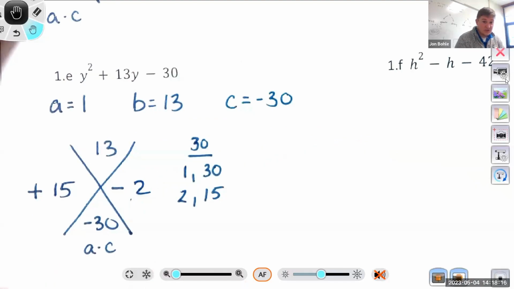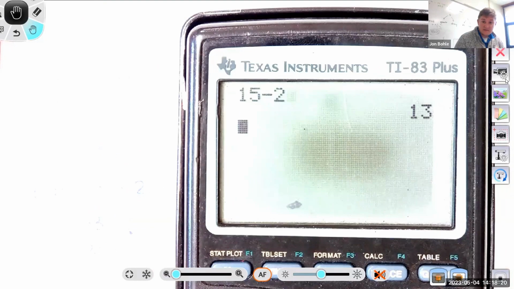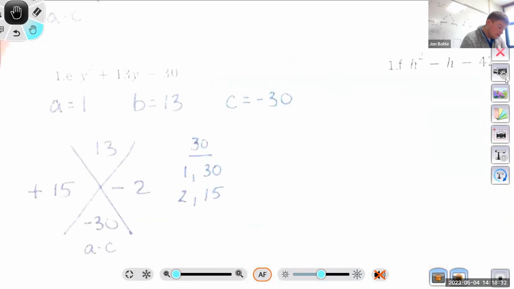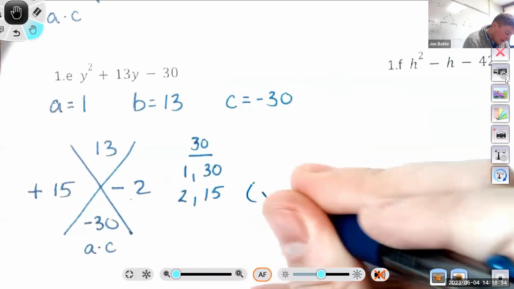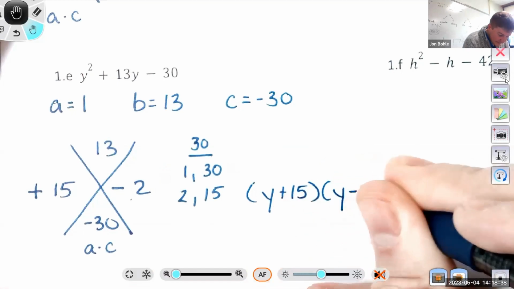Quite honestly, though, you can just check. I can just go 15 minus 2. That's positive 13. That would work. The other option would be 2 minus 15, where the 15 is negative, and that's negative 13. That's not going to work because I'm trying to get to positive 13. So this is going to factor into y plus 15 times y minus 2.